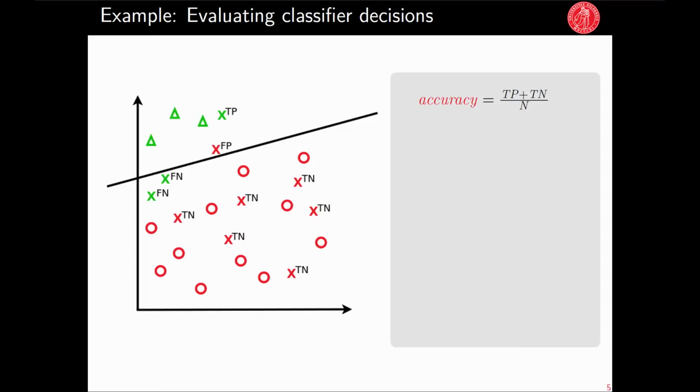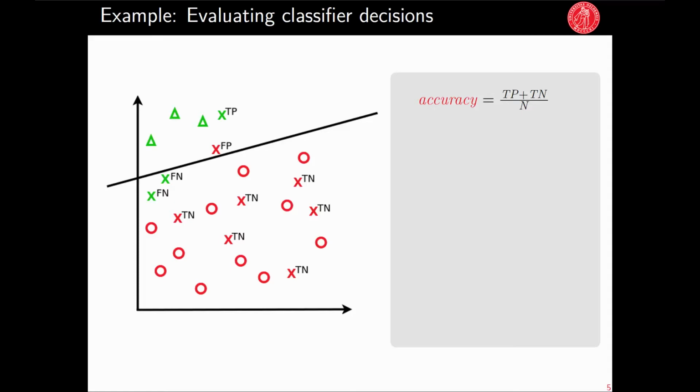Here, this is just the same diagram that you saw on the previous page with all the true positives, false positives, false negatives, all these labels assigned. What the accuracy measure does is basically just quantify the number of correct predictions.